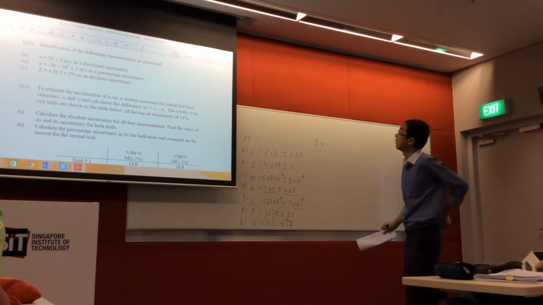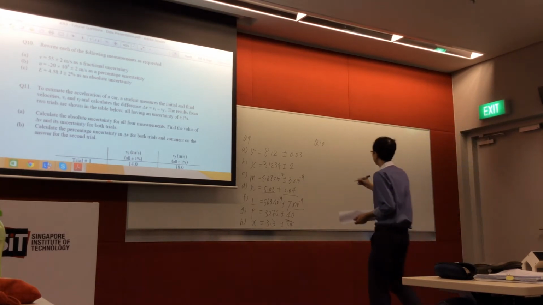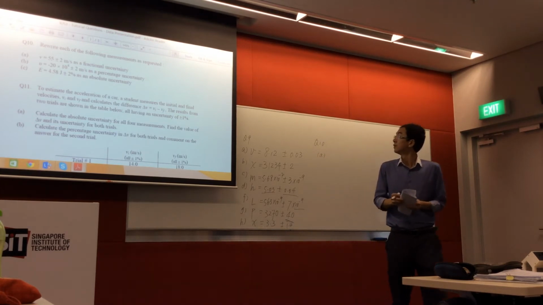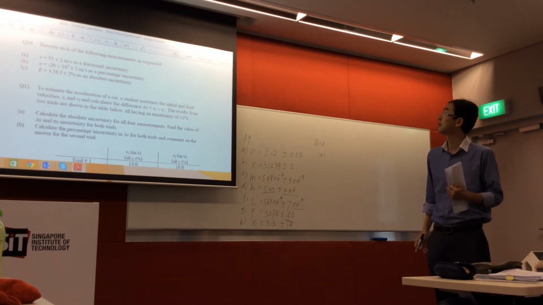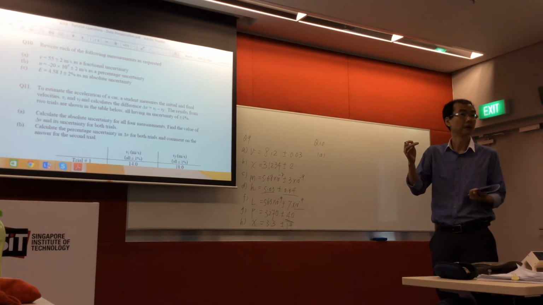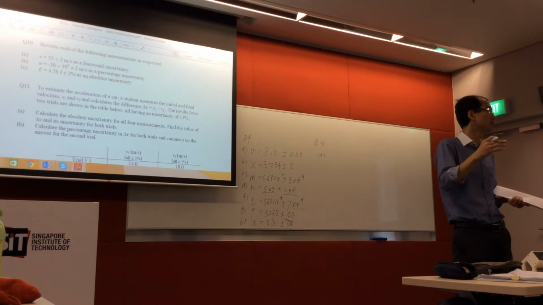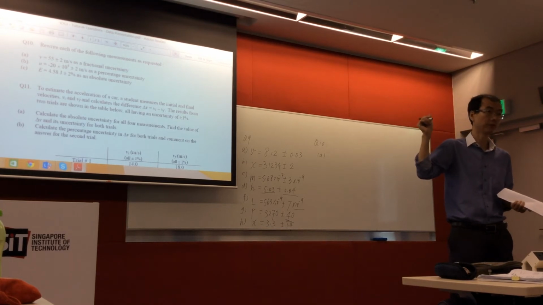Okay, so rewrite the following measurements. So A, you need to write it as a fractional uncertainty. So fractional uncertainty is basically the uncertainty in percentage. You need to use your absolute uncertainty divided by your best estimate result.